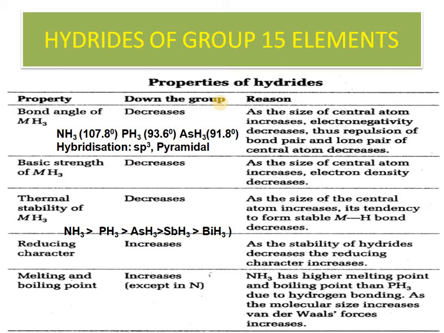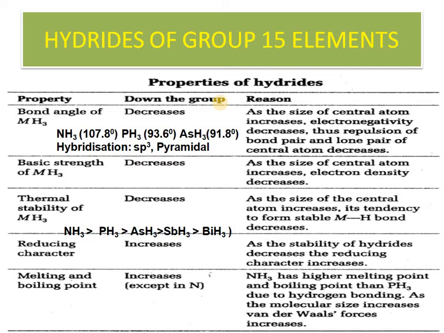Because of the lone pair donor tendency, it acts as a base as per Lewis acid-base theory. Now the size of nitrogen is small, so the area will be small and the volume will be less. So we can say that electron density on nitrogen is more. What is density? Density is mass per unit volume.